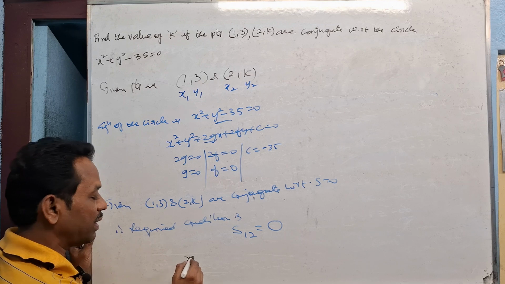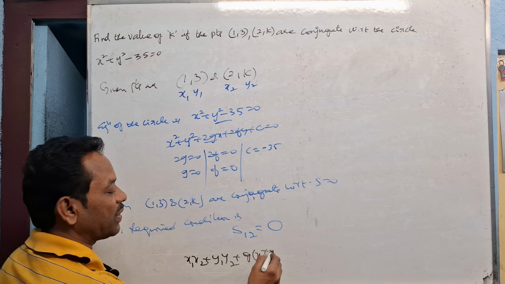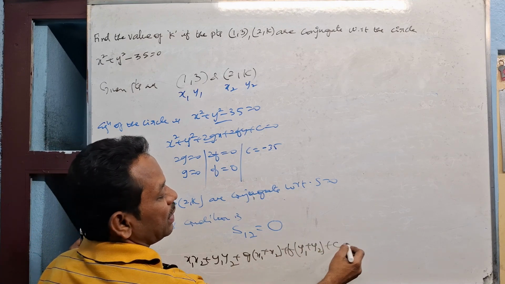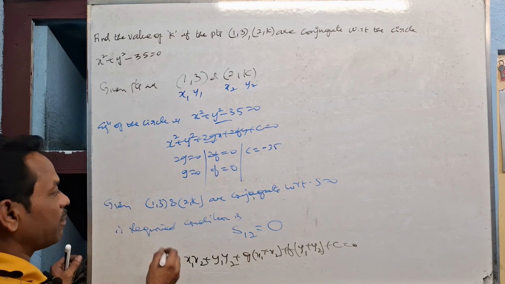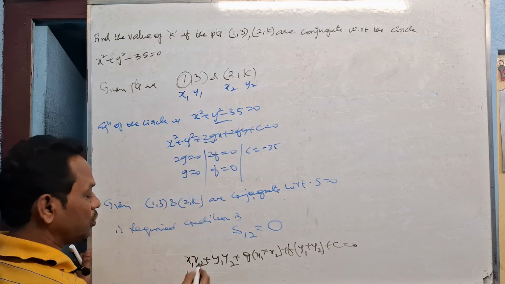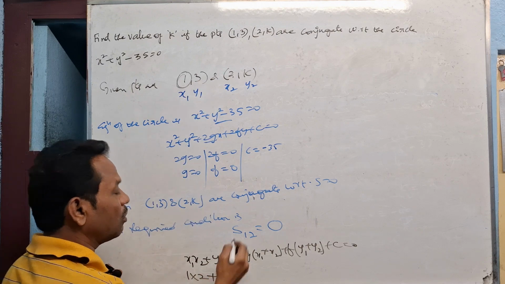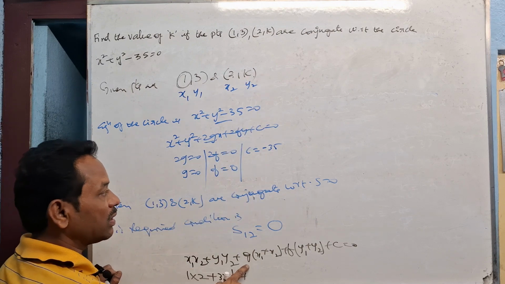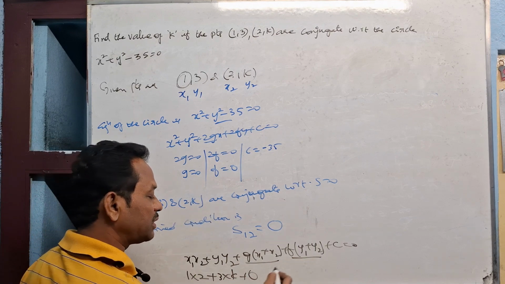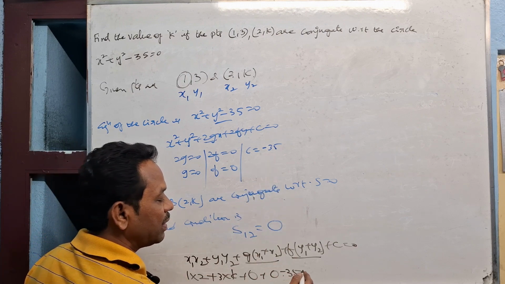So it is nothing but x1 x2 plus y1 y2 plus g into (x1 plus x2) plus f into (y1 plus y2) plus c equal to 0. Now here my x1 is 1 into x2 which is 2, plus y1 is 3 into y2 which is k, plus the value of g is 0. So this whole term will be 0, plus the value of c is minus 35 equal to 0.